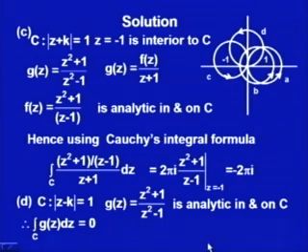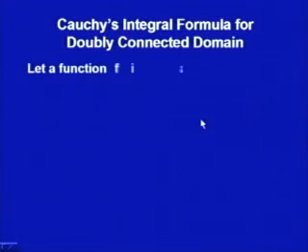Now, we can actually extend this Cauchy integral formula for multiply connected domains as well. You see how we are doing it. So, Cauchy integral formula for doubly connected domain.